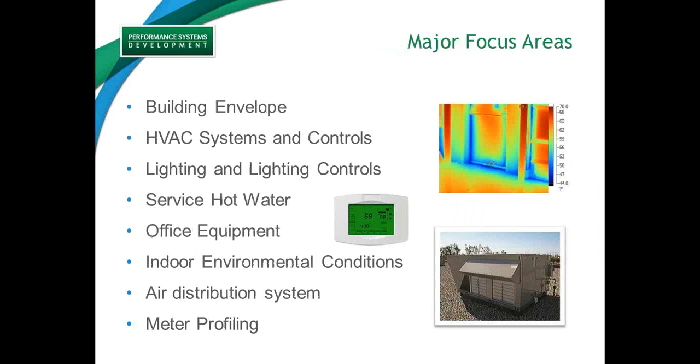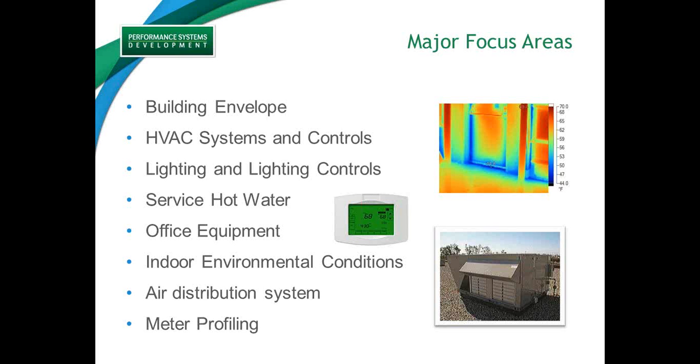The major areas of focus, really all the systems of the building, the envelope. A lot of times control or comfort issues come from just building envelope problems, like lack of weather stripping and air sealing, really cold windows because they're single pane windows, or lack of shades, and things that can be done to improve comfort as well as efficiency.